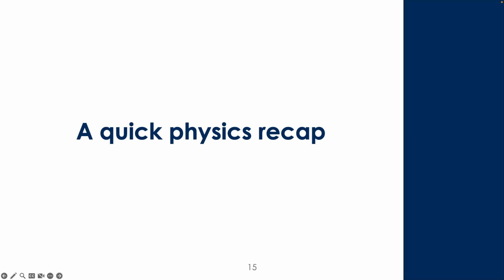And so we're going to do a quick foundational physics recap, just so that we can be on the same page. Some of this is going to be a little bit simpler for the folks who are more familiar with the engineering space.